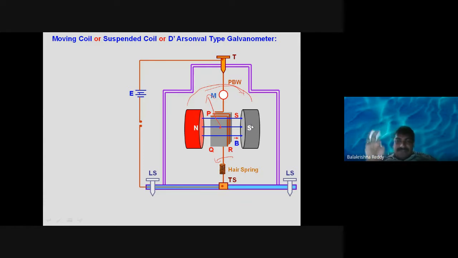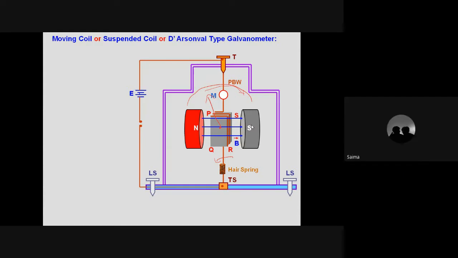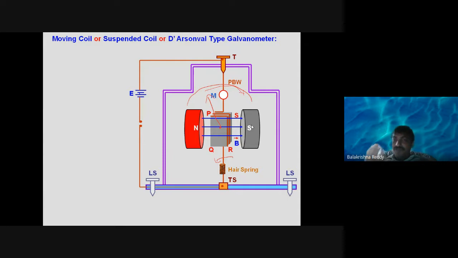Current is given as the input. What is the third one? Motion, or force on the conductor, will come automatically. The motion produced is against the spring attached below, so it tries to move like this. The more current, the more deflection. The moment you turn off the current, it will come back.